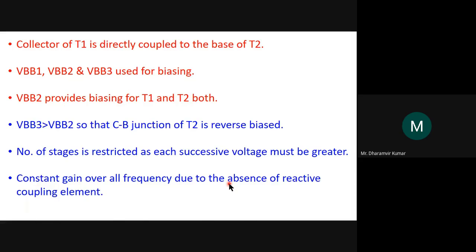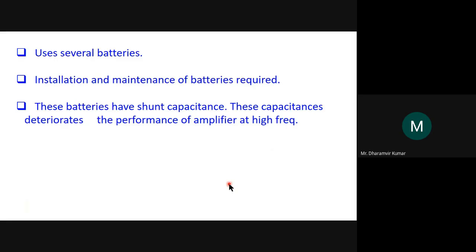These batteries require maintenance, and we also know that these batteries have shunt capacitance. These capacitances deteriorate the performance of the amplifier at higher frequencies. But the question is how these batteries have got shunt capacitance. Remember, if you remember the rectifier circuit, rectifier means the circuit which converted AC into DC.